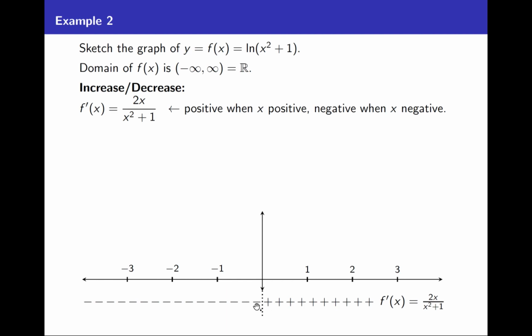So we know we have a local minimum by the first derivative test right there at x equals 0. And what is f of 0? f of 0 would be ln of 0 squared plus 1. It would be ln of 1, which is 0. So f of 0 is 0. Right there is a local minimum. So we're going to plot that point and go on with the rest of the graph.